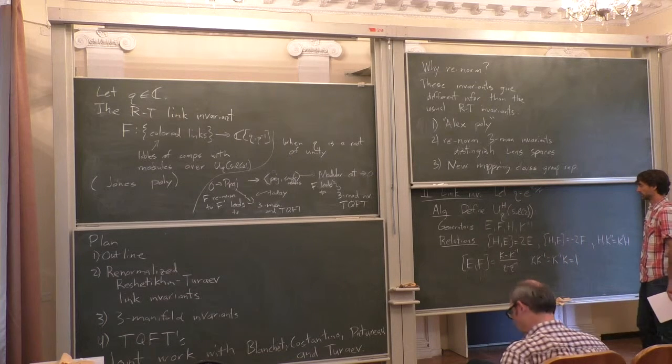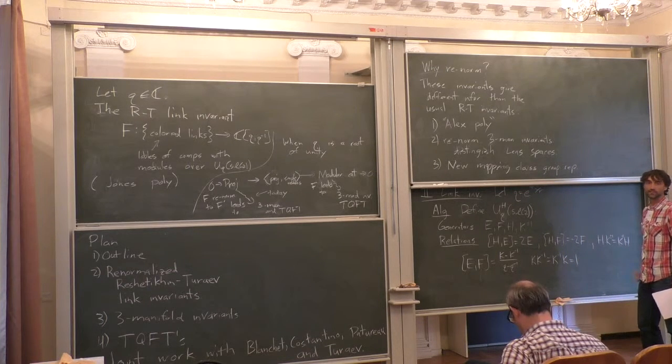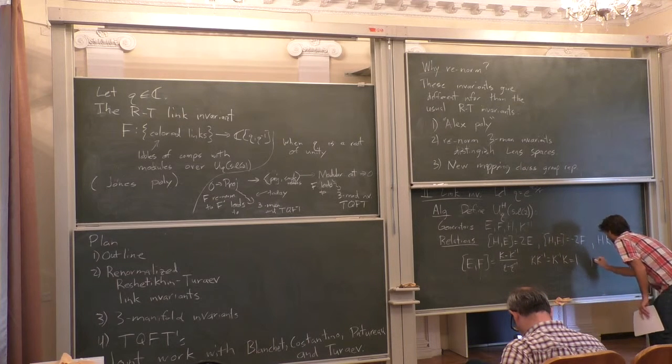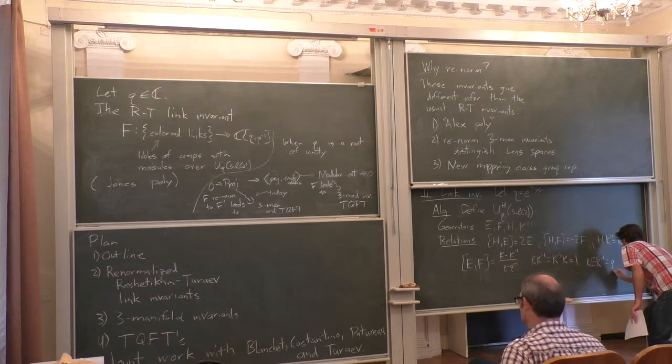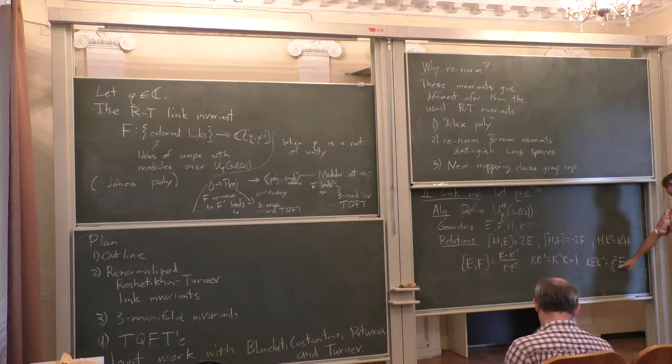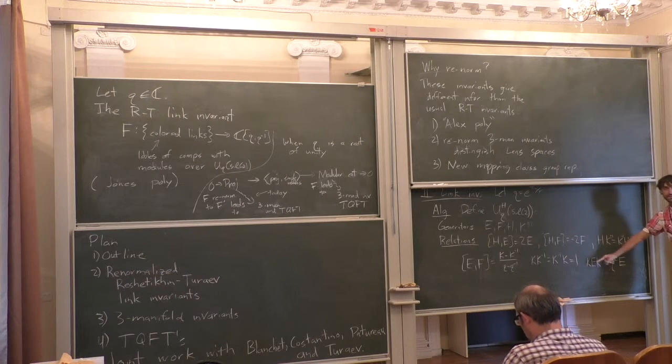And now I have the usual relations with H, with E and K also. So what's E and K? K E K inverse is equal to Q to the 2E. So this is the quantum part.